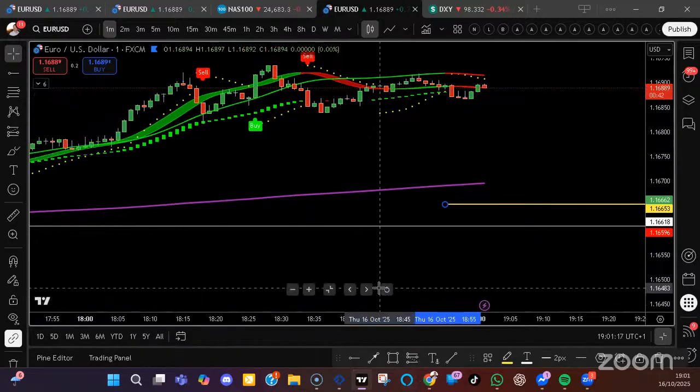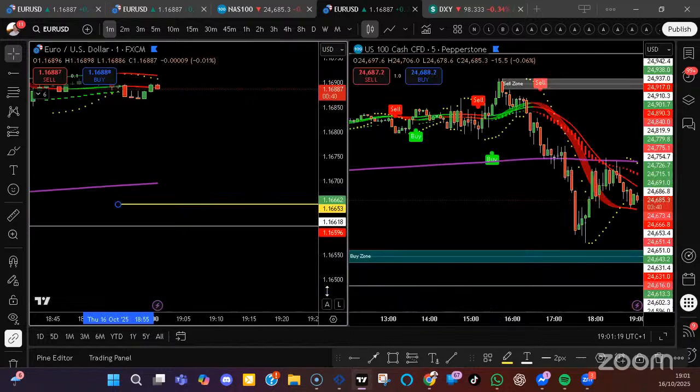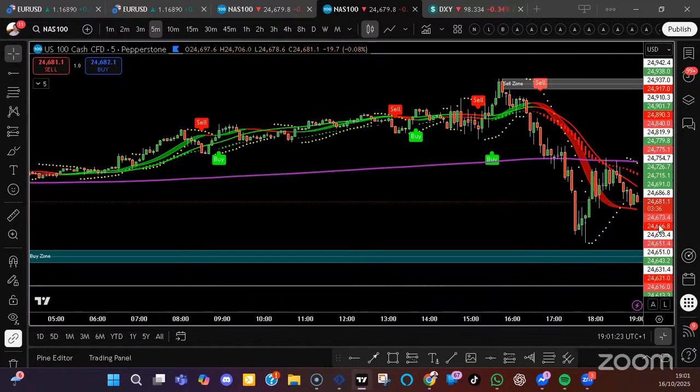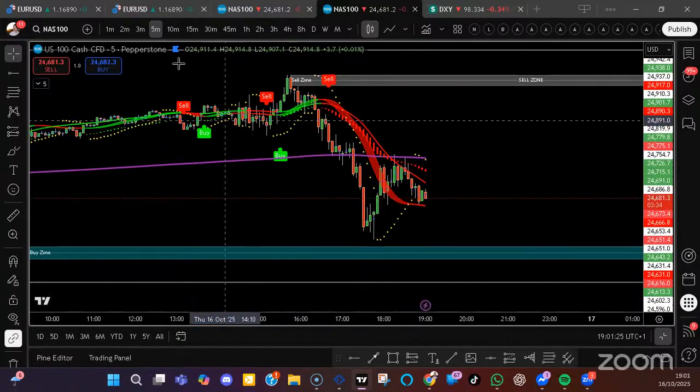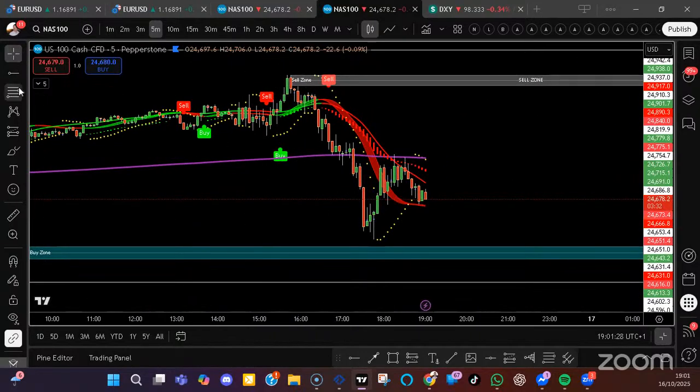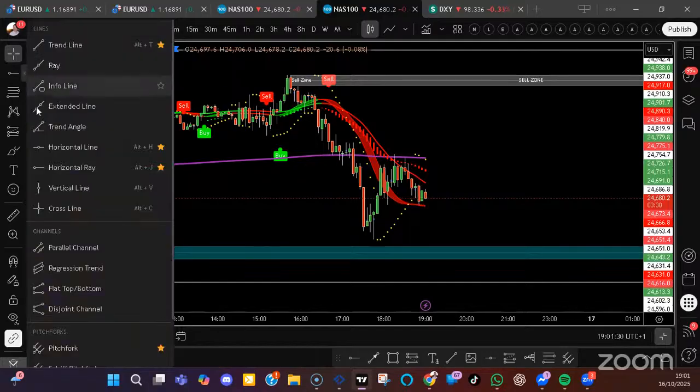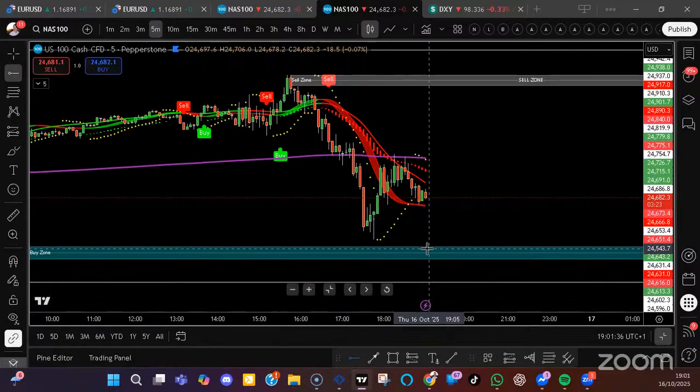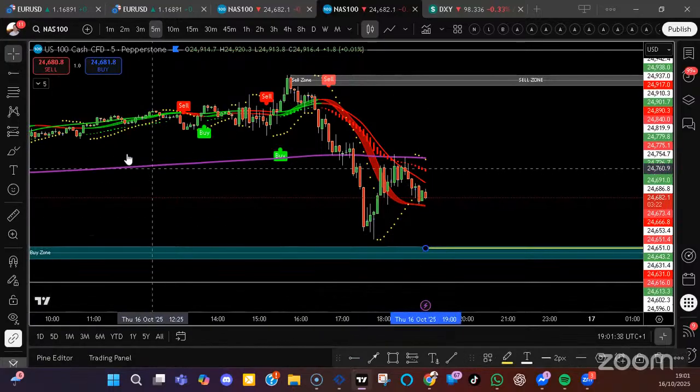So let's turn our attention over to the US 100, also known as the NAS100, and we'll mark these up with a horizontal ray. We've got a line there.